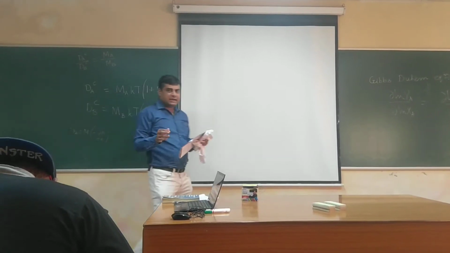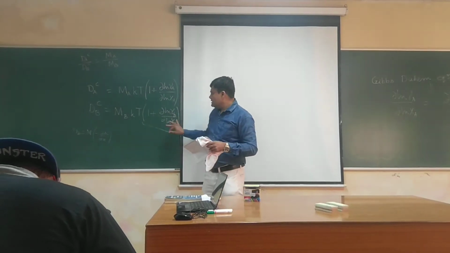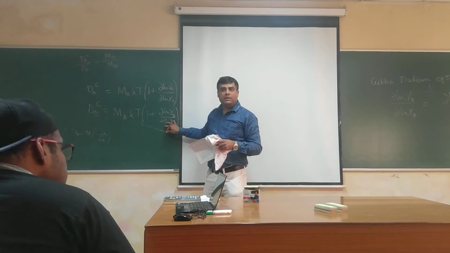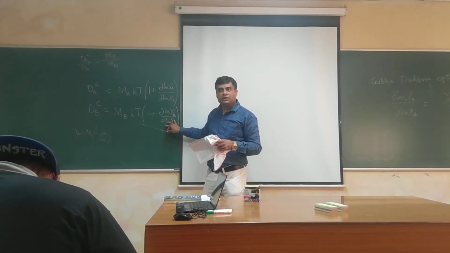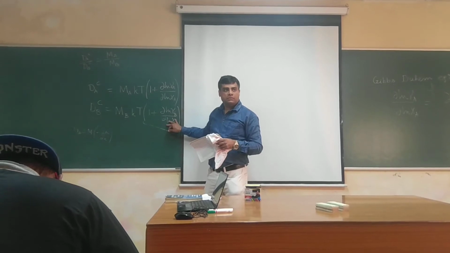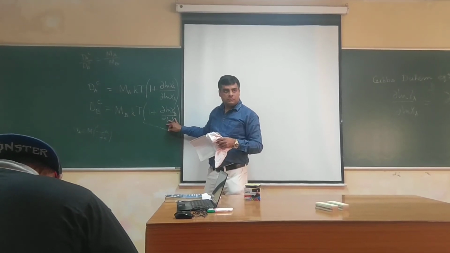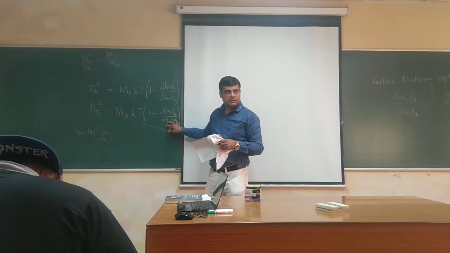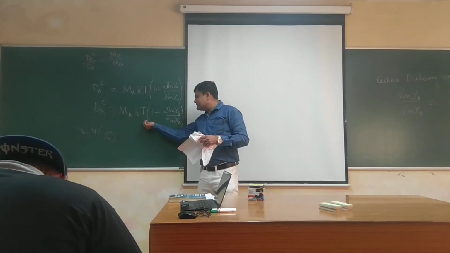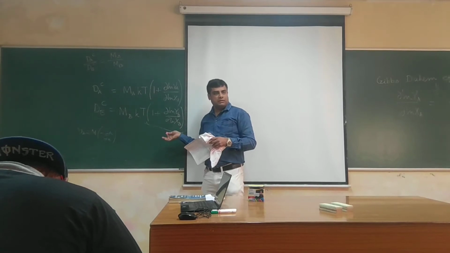And in an ideal solution this becomes 0. Del ln gamma over del ln x, for ideal solution it is 0. Activity coefficient is 1. For ideal solution, this within bracket term becomes 1.